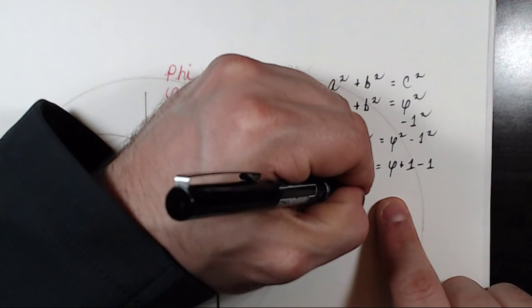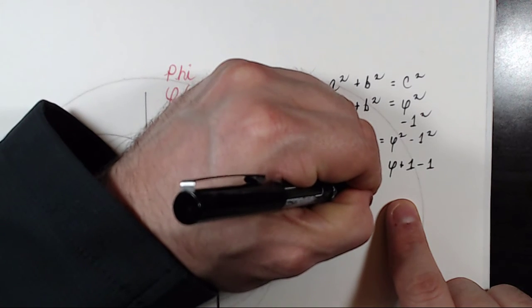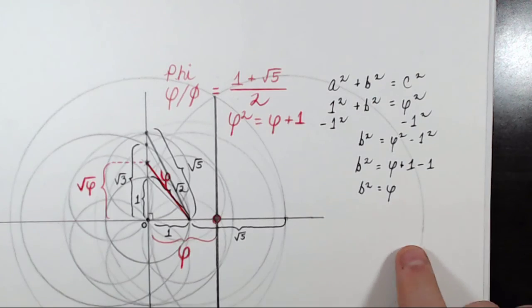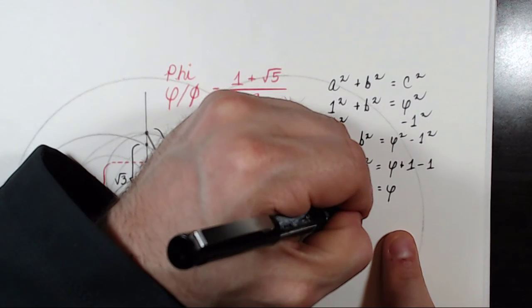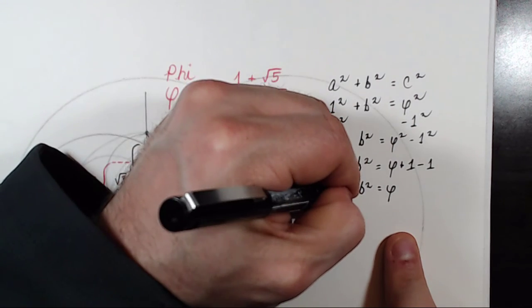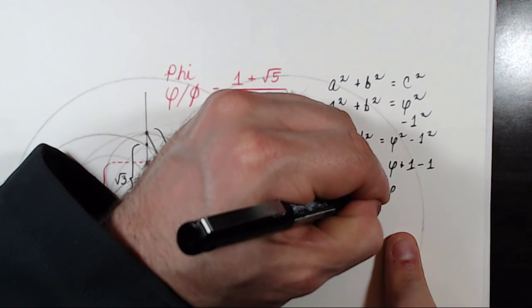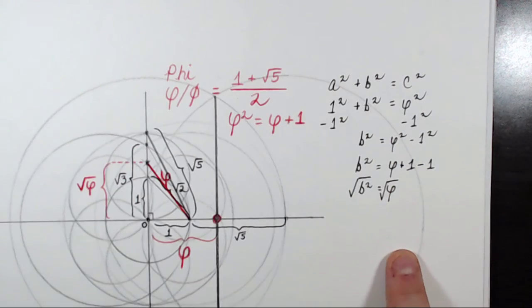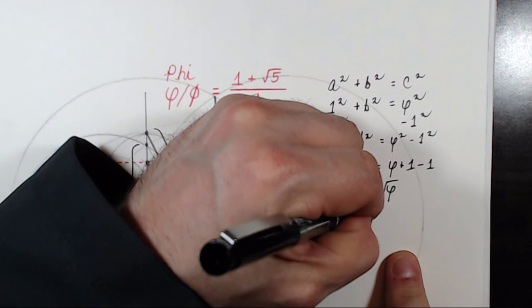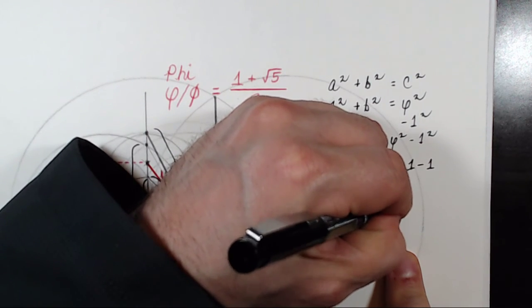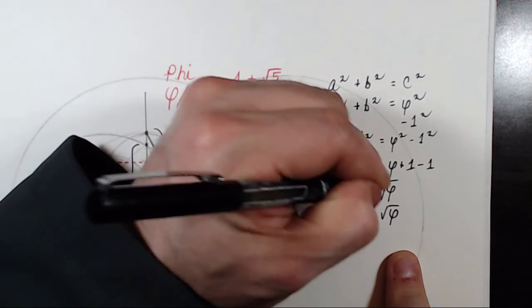So b squared equals phi, which means that if I take the square root of both sides, then what I have is b equals the square root of phi.